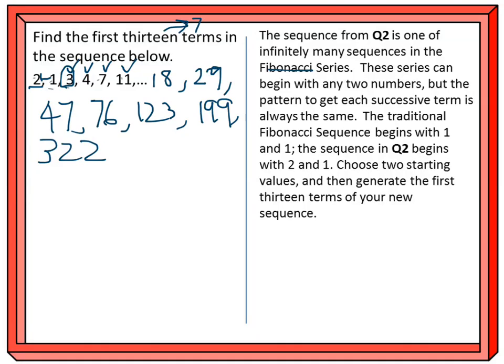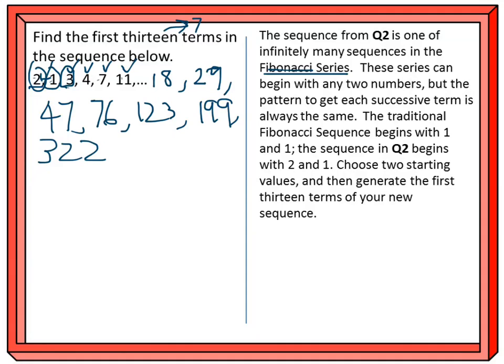And this is, according to the question over here on the right-hand side, one of the sequences in the Fibonacci series. These series can begin with any two numbers, so in this one it was 2 and 1. But each successive term comes from adding those two up to get the next one, right?